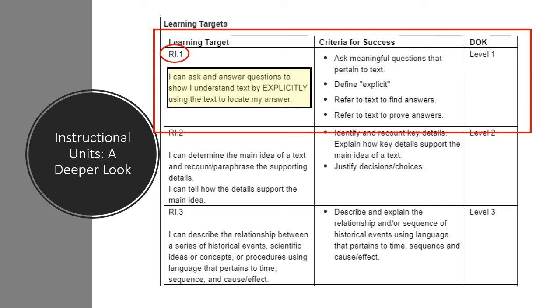In the learning target chart, you will see the standard code, the learning target, which is the standard operationalized for student learning, and the criteria for success. The criteria for success provides the teacher and students with specific ways that students will demonstrate success with the learning target. The final column is the depth of knowledge level associated with the given standard.